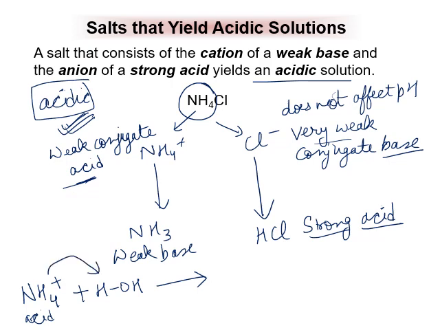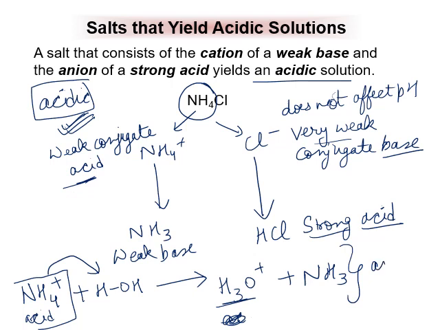Acids donate protons. It is going to give that to water, so water will become H3O plus, and this would become ammonia. And that is how you can see, because this is producing H3O plus in water, the solution is acidic.